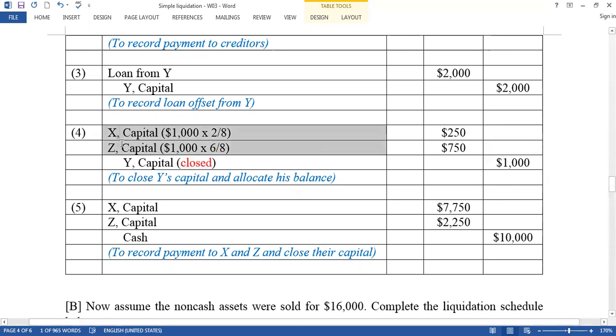Now we share our capital with Y, so our capital will decrease. So X is going to share 250 and Z is going to share 750, right?